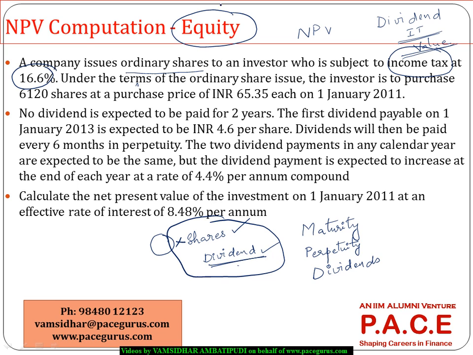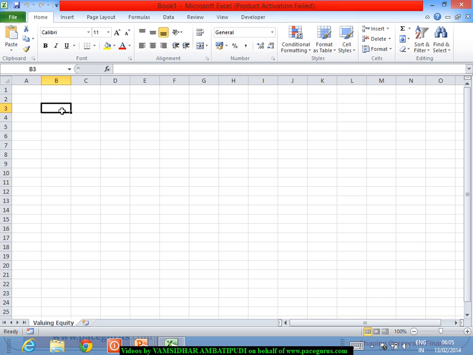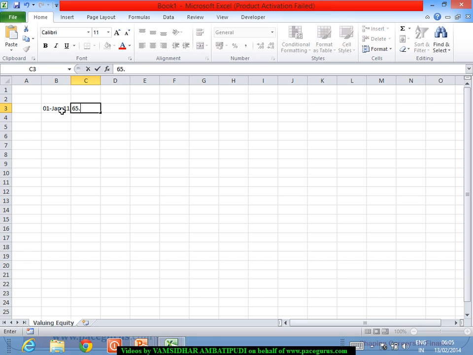Under the terms of purchase of the ordinary share, the investor is purchasing 6,120 shares at 65.35 bucks on 1st January 2011.